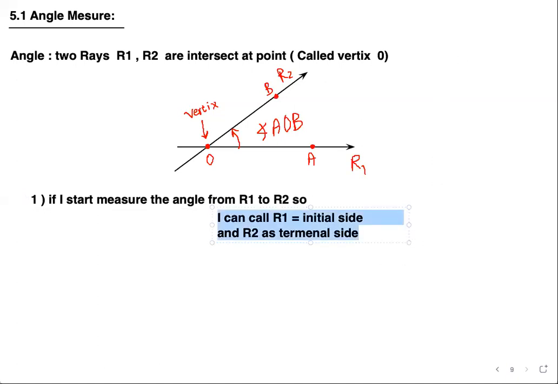This is very important here. R1 is my initial side, R2 is my terminal side. So for the previous graph above, this R1 is called my initial side and R2 called my terminal side. Why?